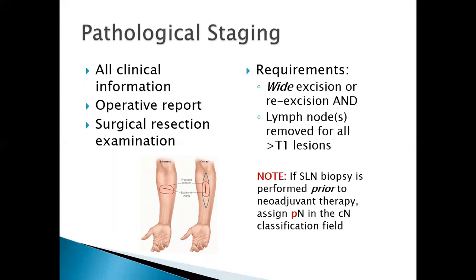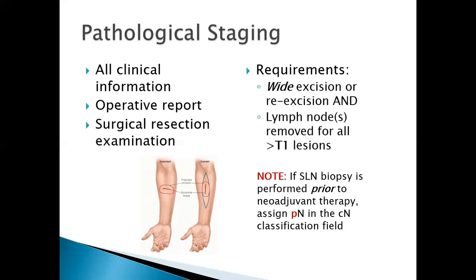It is based on all clinical information and additional information acquired from surgery that the surgeon will document in the op report, and the examination of the resected specimen or specimens by the pathologist. To assign the pT, pathologic T category, a wide excision and/or re-excision must be performed.